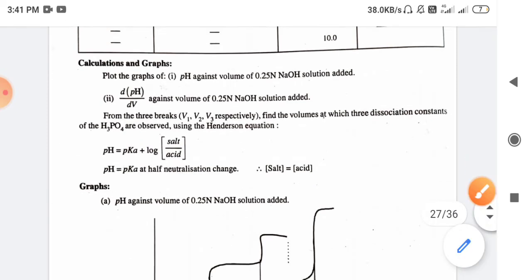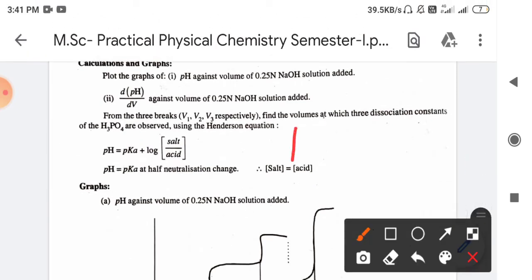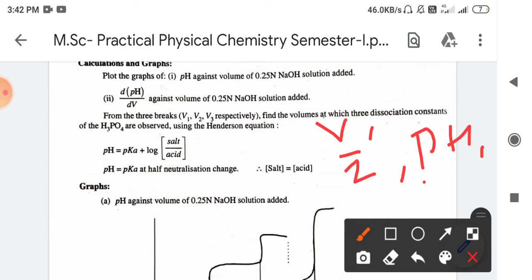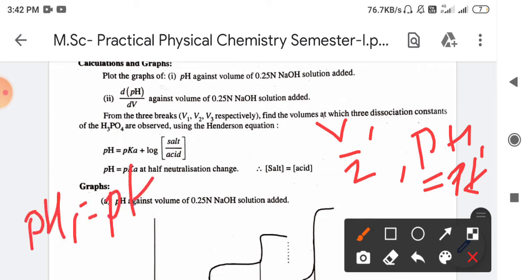So at V1 by 2, my pH1 value corresponds to the pKa1 value. So my pH1 value is equal to the pKa1 value.